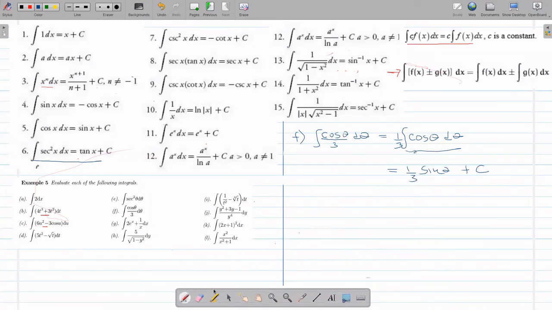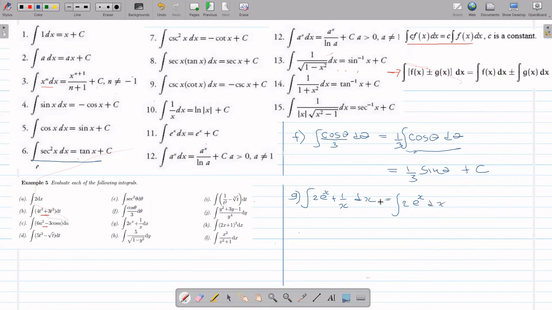Now for f, g. Here I can use this one. Here there is no formula for both of them together.